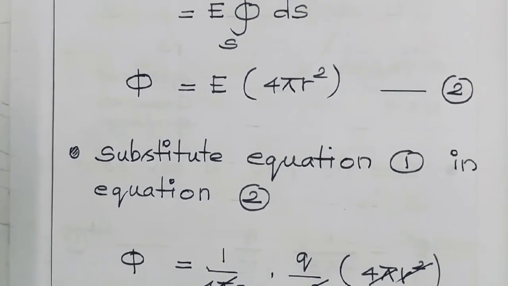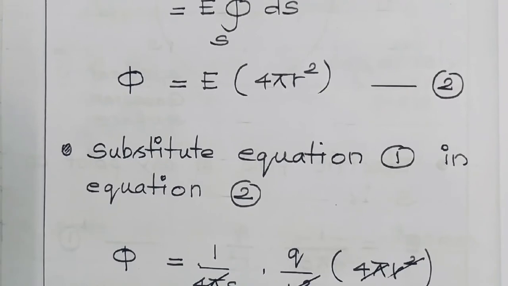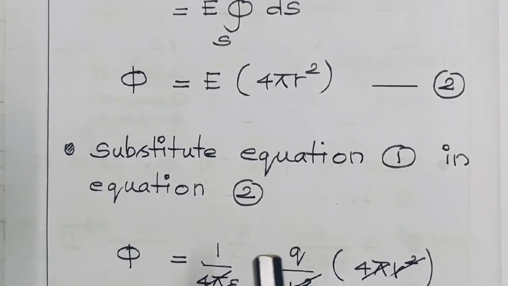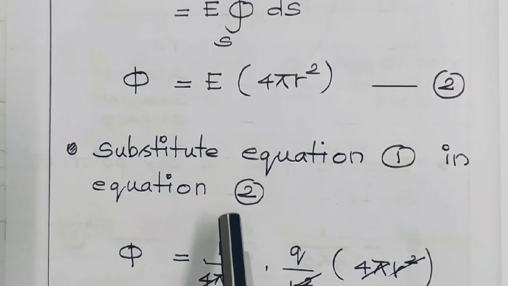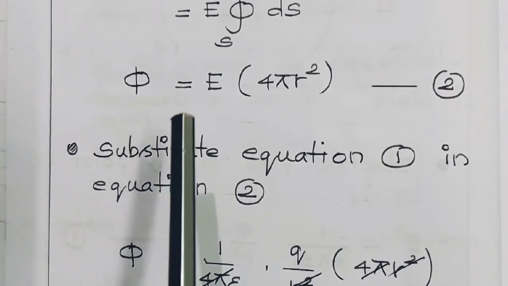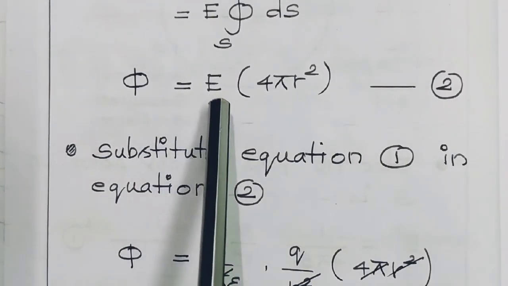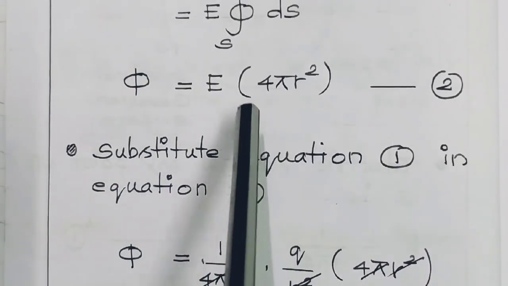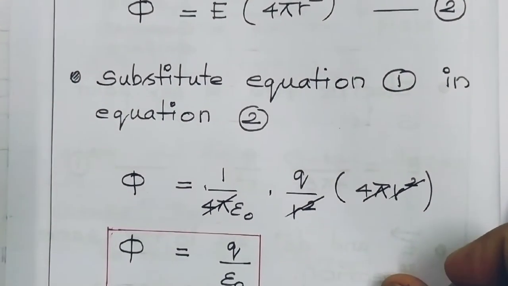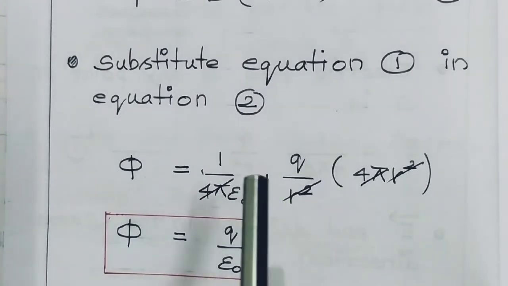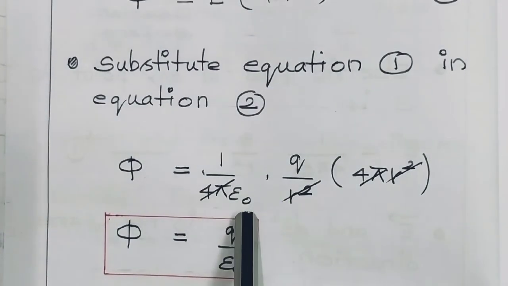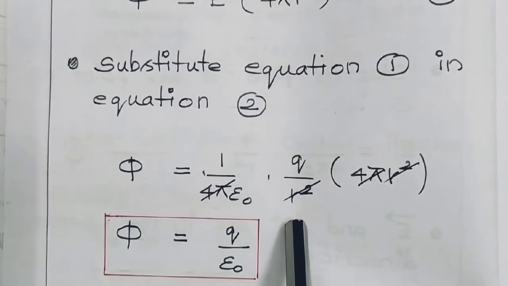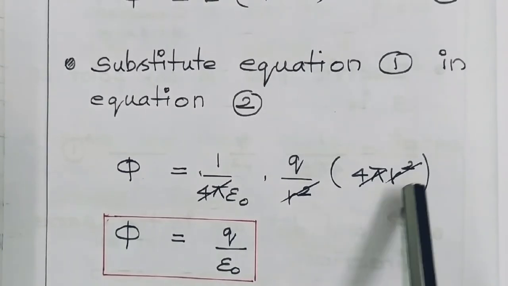Now substitute equation 1 in equation 2. What is equation number 1? It is nothing but the expression for E. So substitute the expression for E in this equation. We get phi is equal to 1 by 4 pi epsilon naught times Q by R square into 4 pi R square.